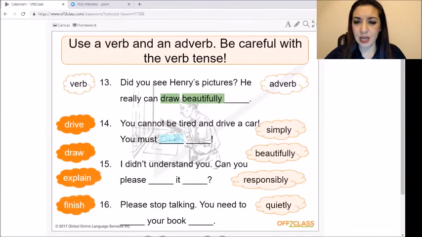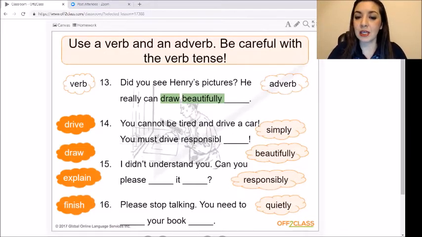You must drive simply, responsibly, or quietly. Well, responsibly, because you have to be responsible. So you must drive responsibly. Responsibly.